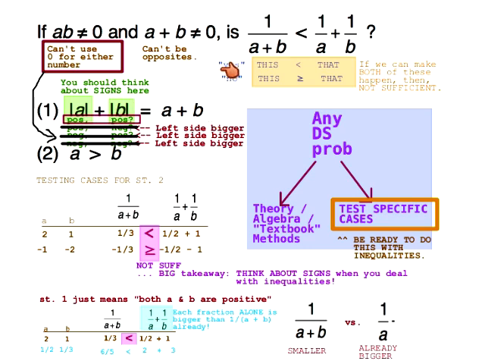Statement 1 just tells us that the two numbers are positive. And then this is what we're evaluating here. You don't have to know that a is greater than b. In fact, you can tell when you look at this problem right away that you won't have to know something like this.